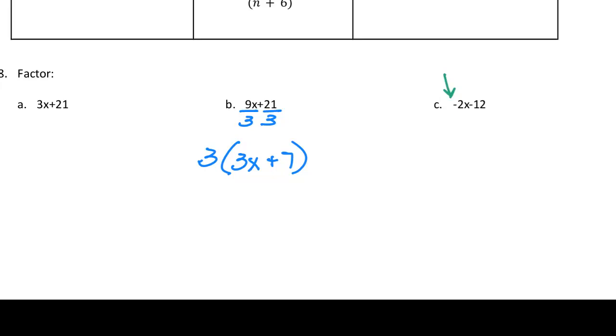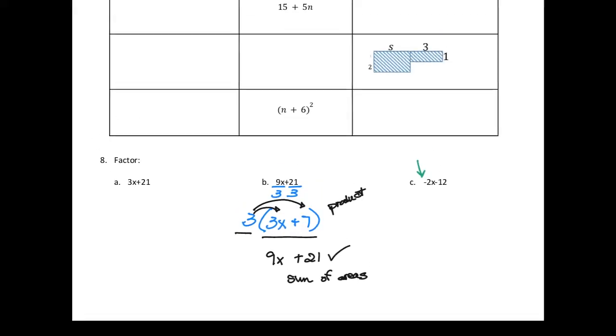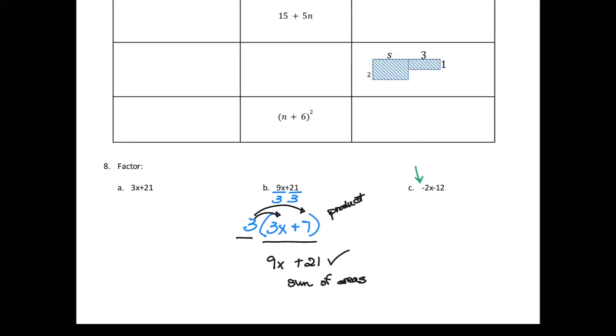Okay? So this is a factor, and this is a factor, or this is the product. And if you multiply it back, you should get the same answer at the front, which is 9x plus 21. So that's kind of just doing a check. This is the sum of your areas. Okay? This one.